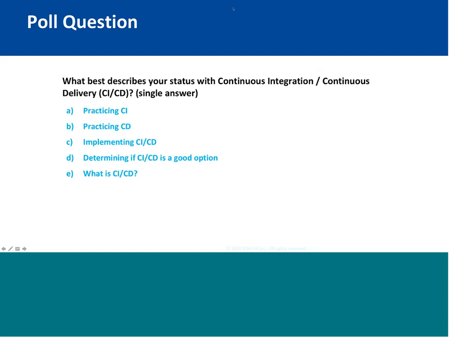Max, if that's something you see, if you want to read the results. Sure, yeah. So we're looking at 33% practicing CI, 13% practicing CD, 47% implementing CI or CD, and 3% for both determining if it is the right option and what is CI/CD. That's great. All right, thanks.